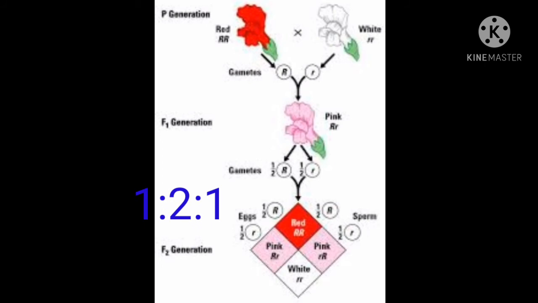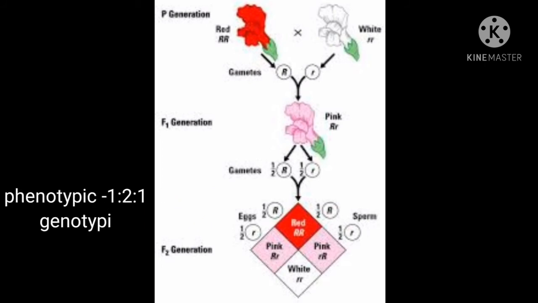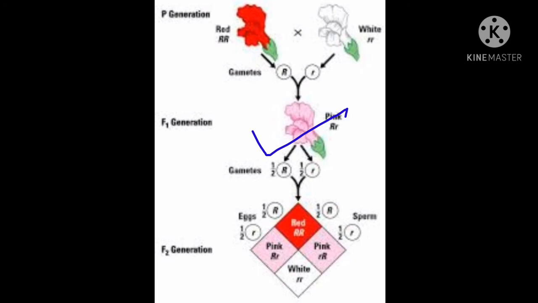As we know, here both the phenotypic as well as the genotypic ratio is the same, that is 1:2:1 in case of incomplete dominance. Very simple. The intermediate product is the pink color, Rr, just due to incomplete dominance. So in incomplete dominance, both the genes of an allelomorphic pair express themselves partially.